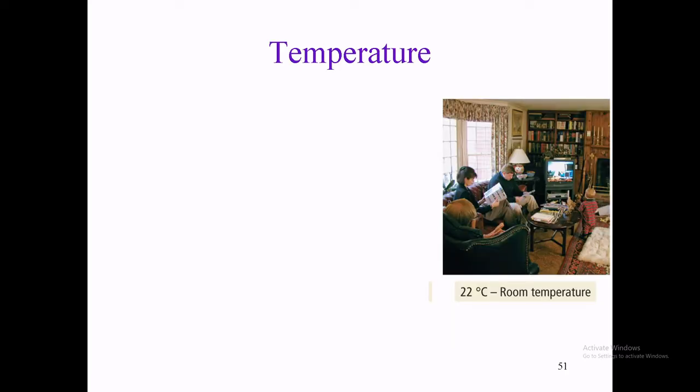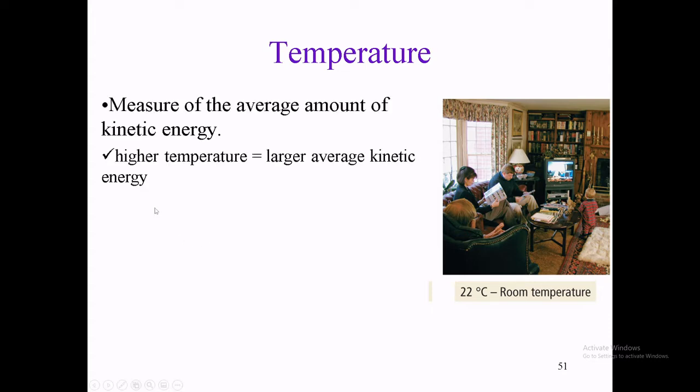Temperature. So temperature is the measure of the average amount of kinetic energy that a substance has. So this has to do with how fast the molecules are moving around inside of it, which is an interesting way of thinking about temperature, because we have a much different relationship to temperature as human beings living in a macroscopic world.